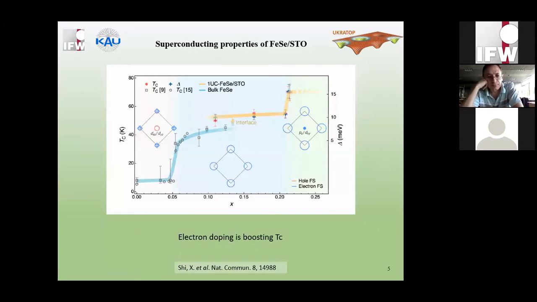As you can see, when moving from bulk crystal to iron selenide film, the hole pocket at the gamma point disappears and an electron pocket appears at this point when doping by potassium is increased in the thin film.